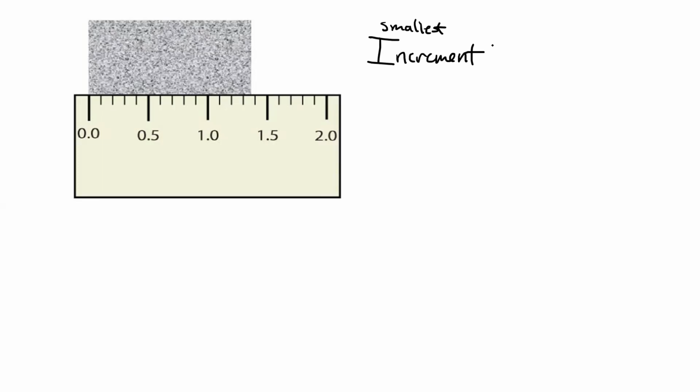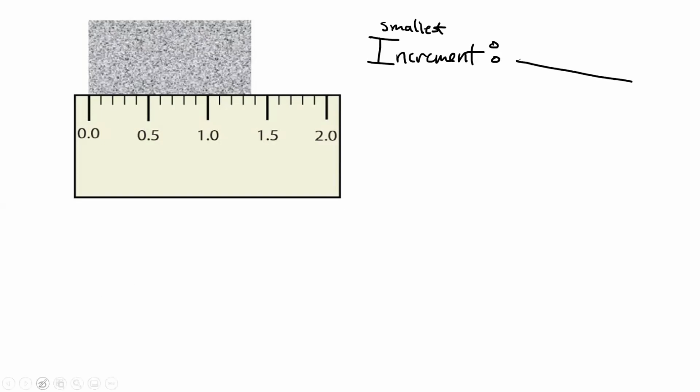The precision of measurement, like I said, comes from going one further decimal to the right of the smallest increment. So we're asking, what is the smallest increment, so that you can then say, I now need to move one decimal place to the right of it. So what is your smallest increment?